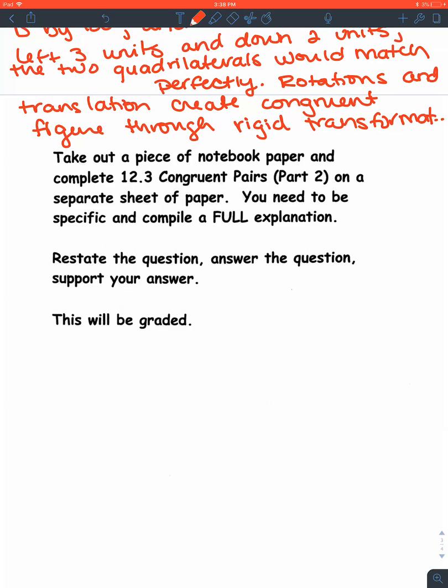On Congruent Pairs Part 2, you should have 4 problems, 2 on the front and 2 on the back. And you are going to be specific and compile a full explanation. You're going to restate the question, answer the question, and make sure that you support your answer with whatever it is that you state is happening within each problem.